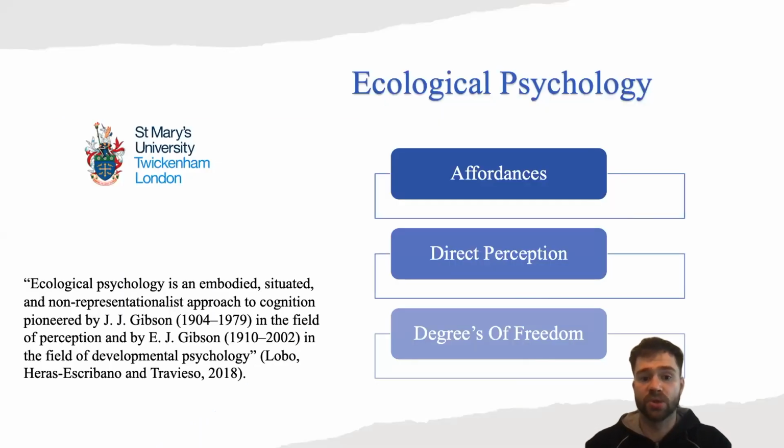So ecological psychology is an embodied, situated, and non-representative approach to cognition pioneered by J.J. Gibson in the field of perception and E.J. Gibson in the field of developmental psychology. So that was taken from an article by Lobo, Heras, Isbriano, and Chavizo in 2018. So the constraints that live within ecological psychology are affordances, direct perception, also known as action-perception coupling, and Bernstein's degrees of freedom.